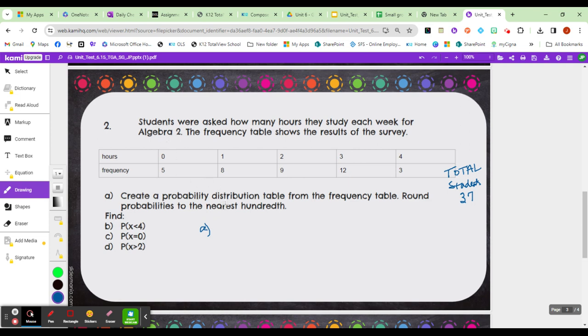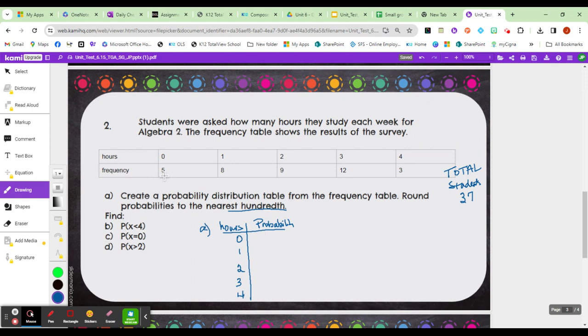So what I did is I made a chart and I did hours and then I did probability. It does tell me to round to the nearest hundredth, so that means I'm going to use decimals here. My hours are 0 hours, 1 hour, 2 hours, 3 hours, and 4 hours.